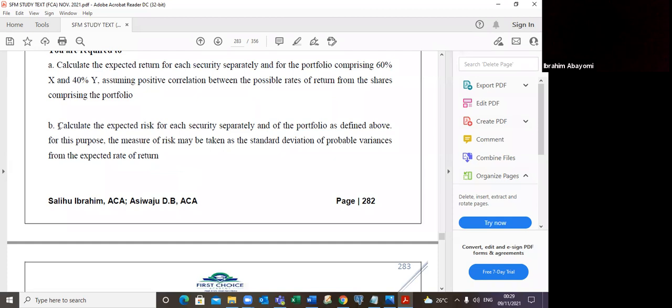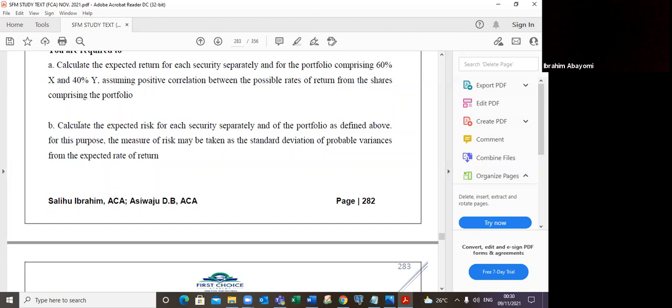So B: calculate the expected risk for each security separately and of the portfolio as defined above. For this purpose, the measure of risk may be taken as the standard deviation of probable variances from the expected rate of return.